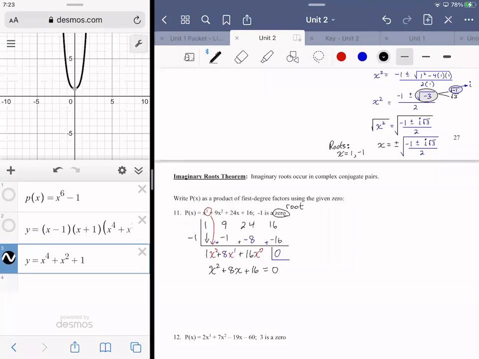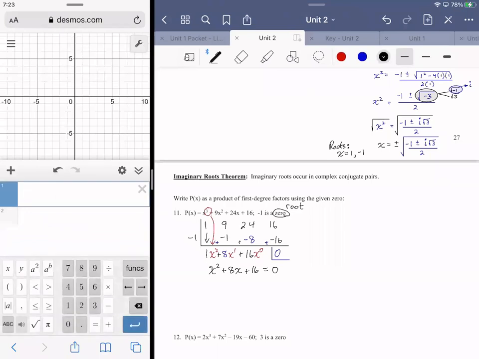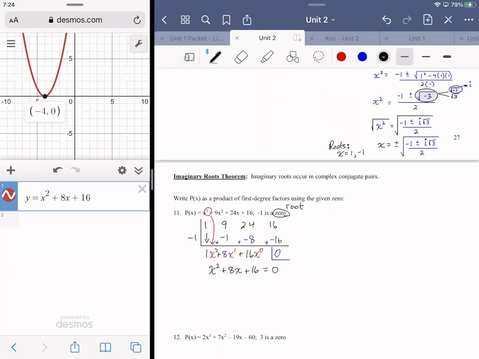Because you're not going to find a pair of factors that multiply to 16 and also add to 8. So what I would do here, to convince myself, is type in y equals x squared plus 8x plus 16. And you see that there's only one unique root, right?